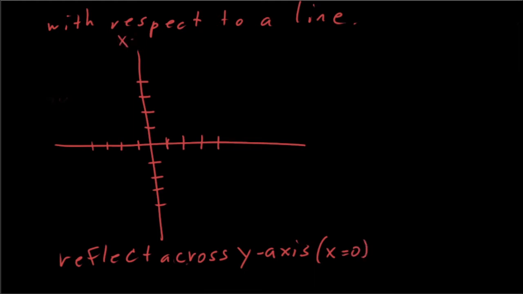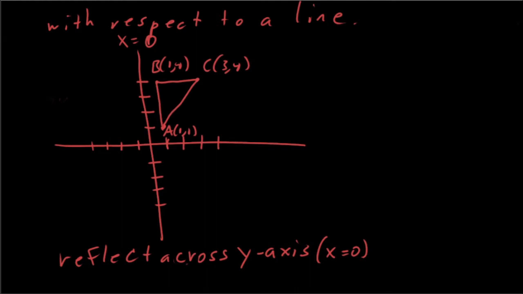So here's our line x equals 0, right? Let's say we have the point A, which is 1, 1. We have the point B, which is 1, 4. We have the point C, which is 3, 4. Okay? We have our triangle, and we want to reflect across the y-axis.